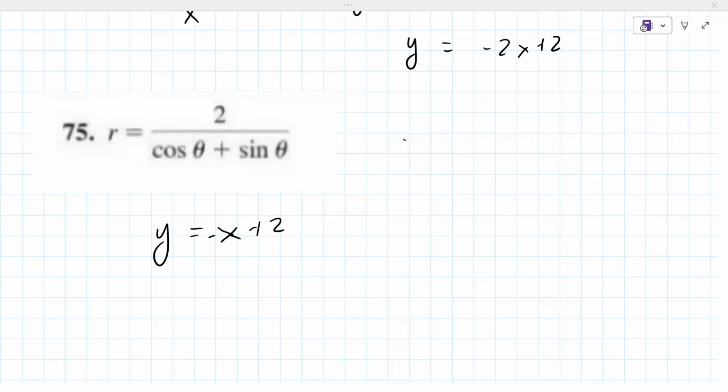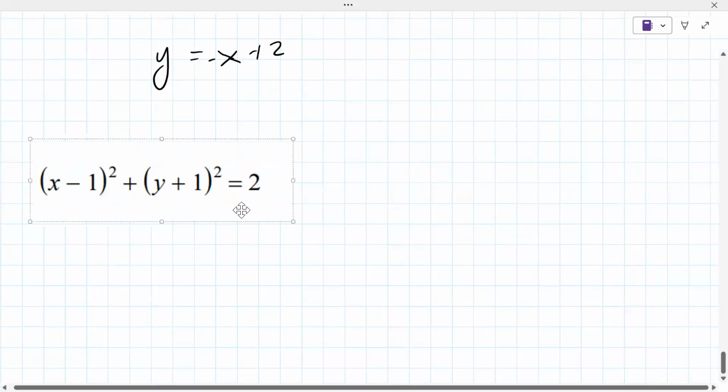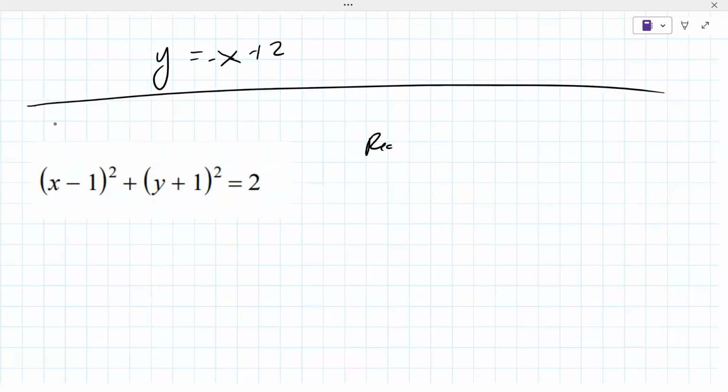So here's kind of a classic problem. You have the same equation, and the instructions would say to convert from rectangular to polar. You know that x equals r cosine theta and y equals r sine theta.